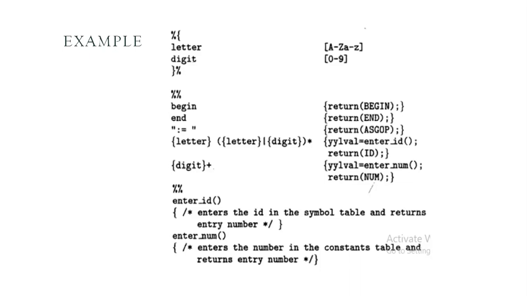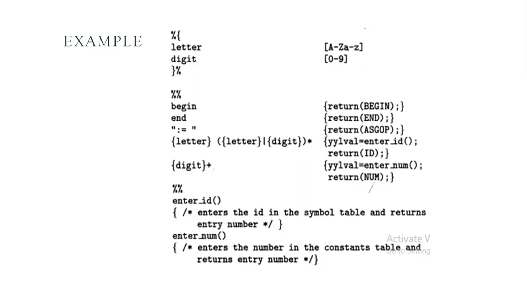That means at the start. If there is a combination of letters E and D, return end. Next, if there is an equal to sign, then return ASGOP. ASGOP stands for assignment operator. ASG stands for assignment, OP stands for operator. So this is called the assignment operator.